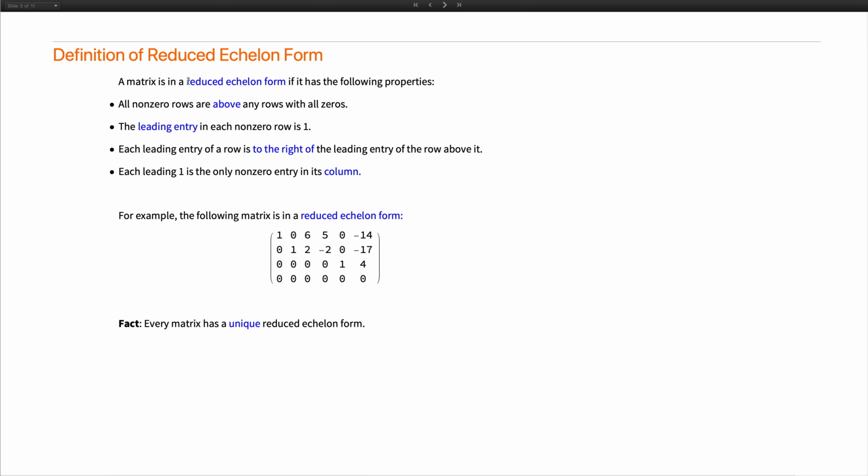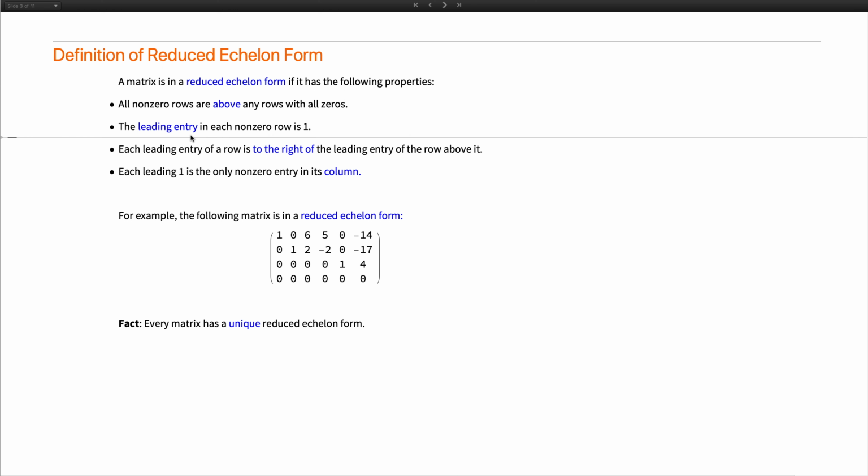A matrix is said to be in a reduced echelon form if it has a few properties. The first property is that all non-zero rows are above any rows with all zeros. You can think of the rows with all zeros as being kind of redundant, so you don't want them to be on top at all. Next, the leading entry in each non-zero row must be 1.